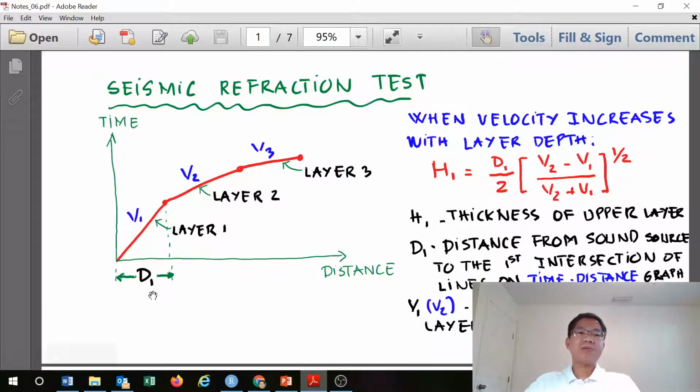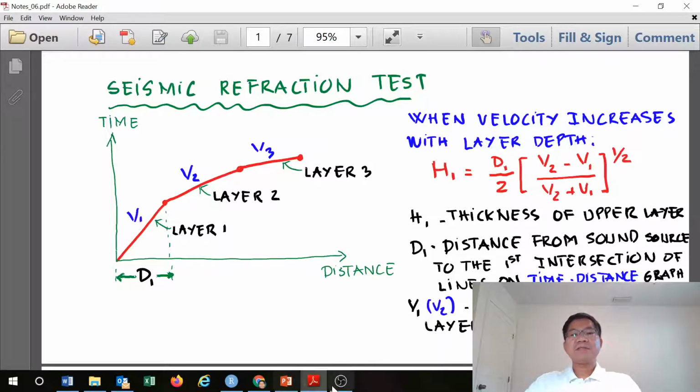So we can find out this one, d1, and of course, that we can measure based on your setup. And v1, v2 are the velocities based on the division of the distance over time, right? So we get the velocity of the upper and the second layer. So with that and the square root, we can find out the depth of the layer.